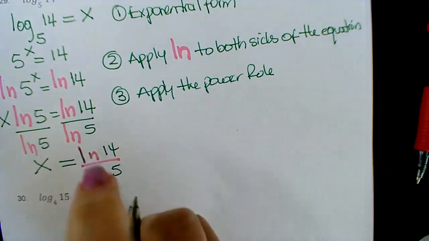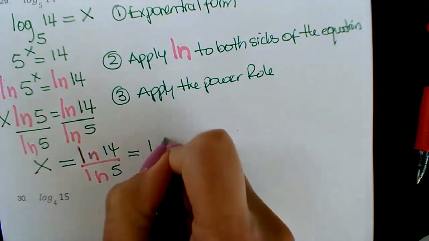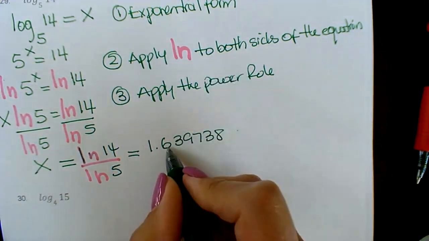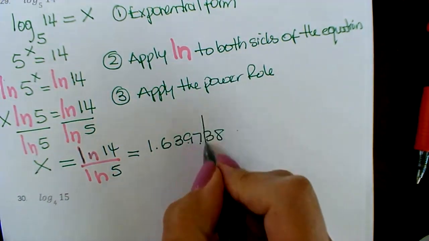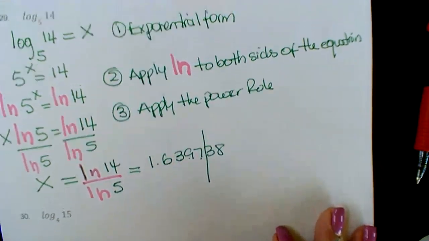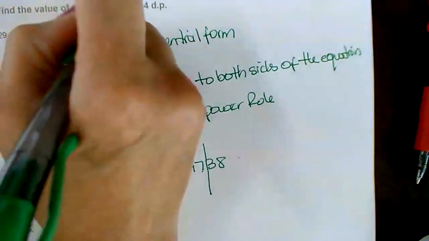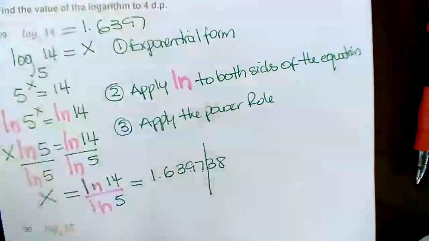And this one you can find in your calculator, and we get 1.639738, and the 4 decimals, 1, 2, 3, 4. So the answer here will be 1.6397.